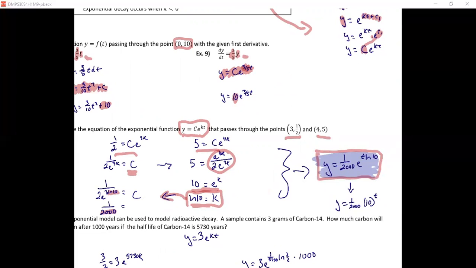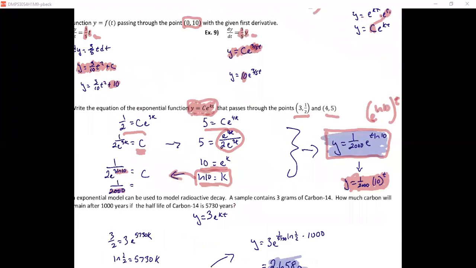Now, officially, if you remember, e to the t natural log of 10, we could rewrite that as e to the natural log of 10 to the t power, which is how I got the solution right here. The problem does ask us to do what's in blue rather than what's in red, but I do want to say what's in red is a viable solution if I just generically ask for an equation. But I did ask for y equals c e to the kt, so what's in blue is more appropriate.